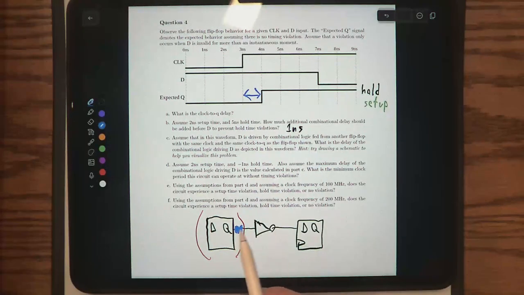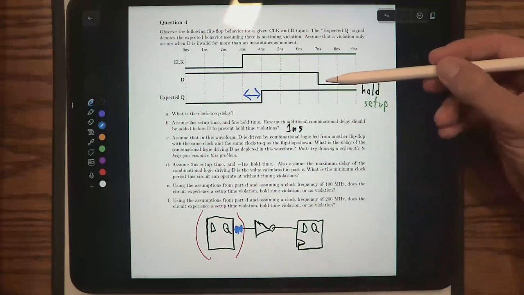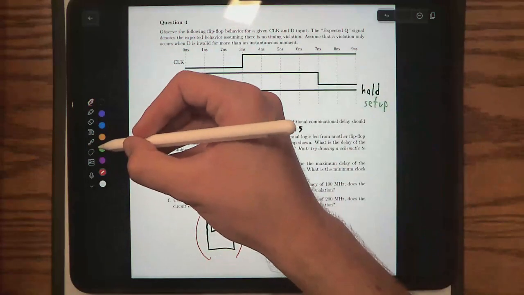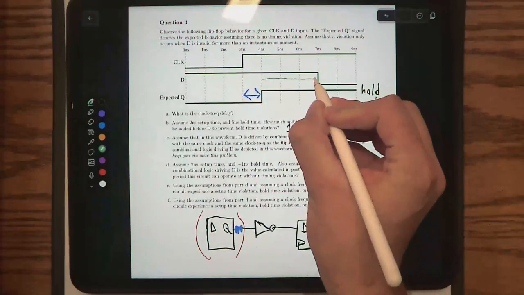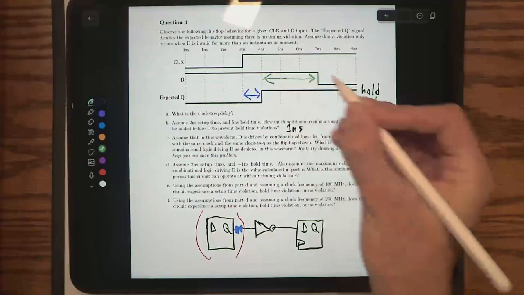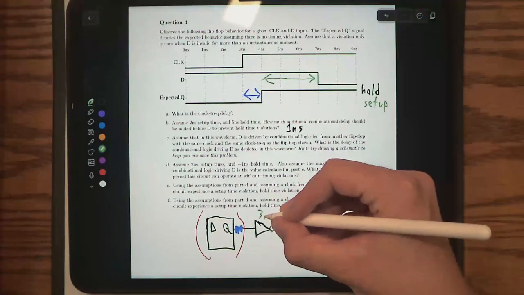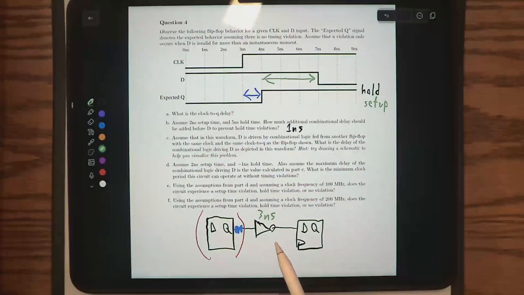And then after that, there's some unknown delay, and then we see what the value is. So this delay right here in the middle is going to be this length. What is this length? 3 nanoseconds. So therefore, this combinational delay has 3 nanoseconds of delay. Is that how we solved it? This makes sense.